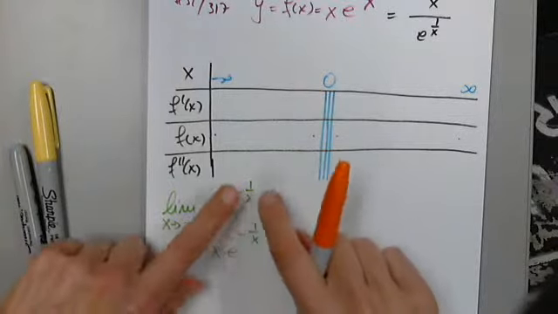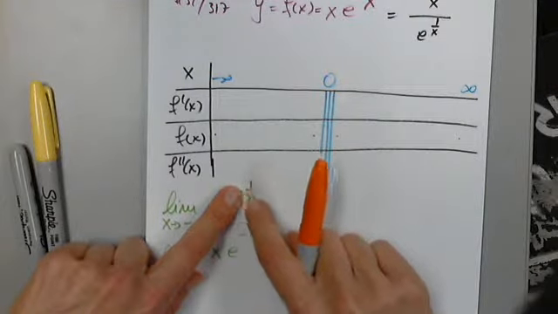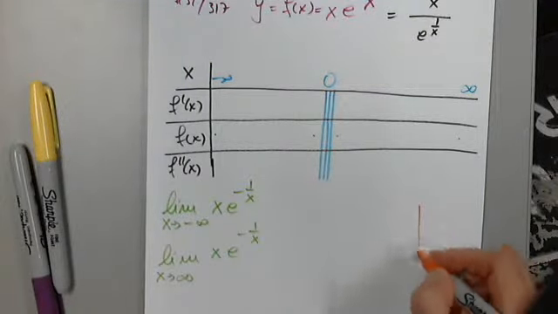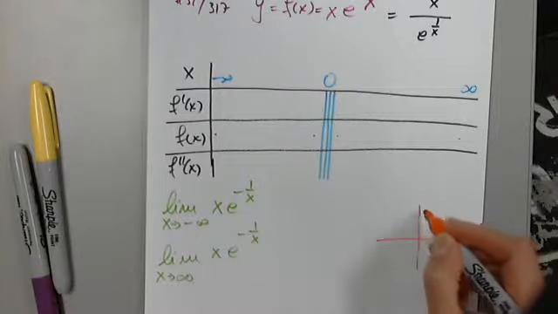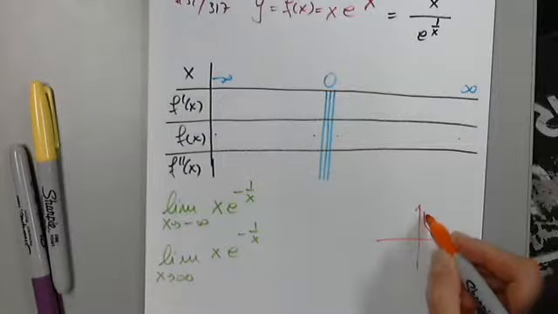Remember the graph of 1 over x. This is important to remember. It's one of those, please don't forget. So this is 1 over x.